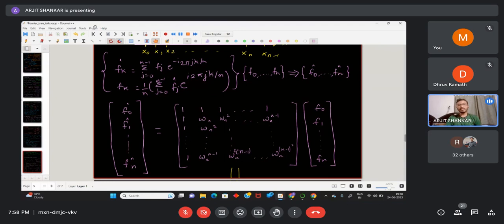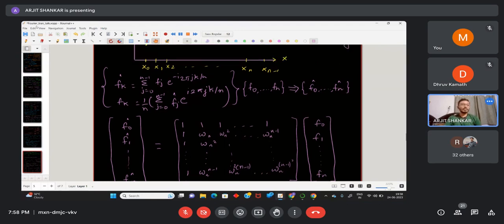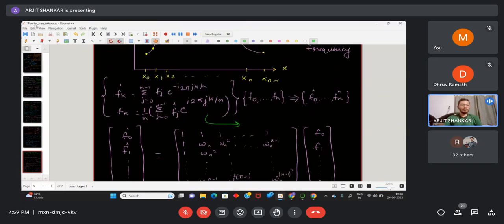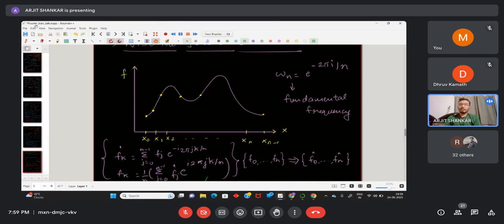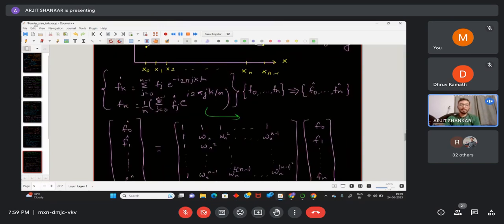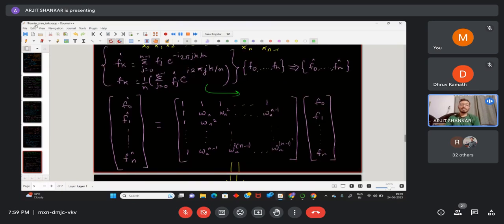So how is this weird matrix coming? Very easy. Just see closely. e to the power minus 2 pi i by n is omega n, right? And this particular matrix is, let's say, an n cross n matrix. It has n square elements, right?